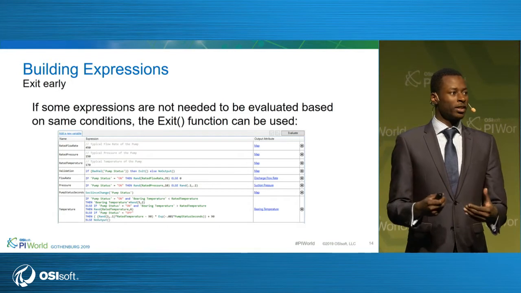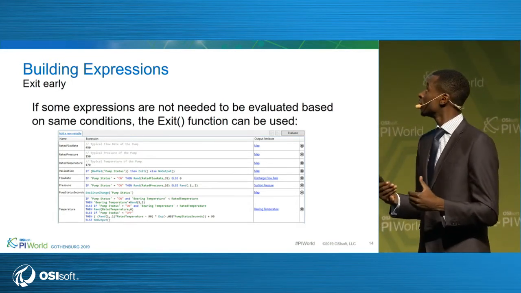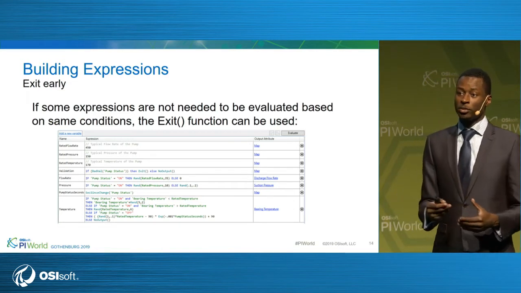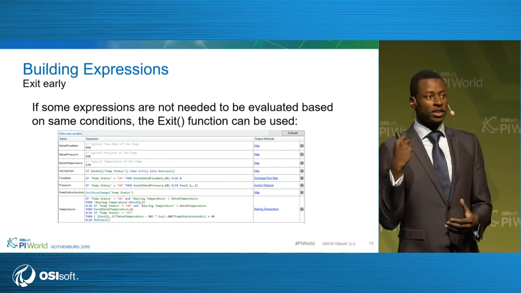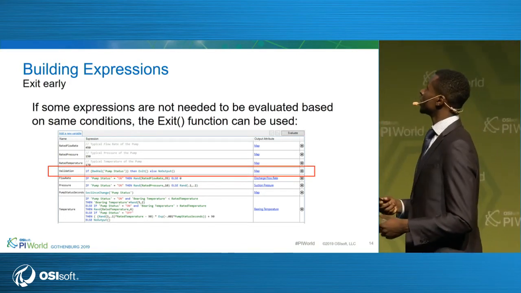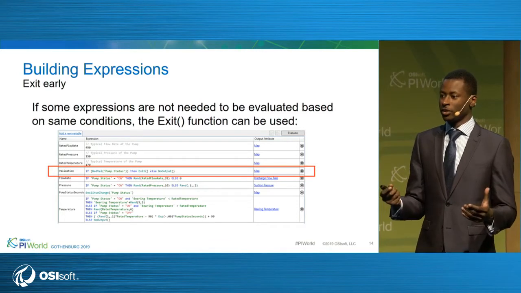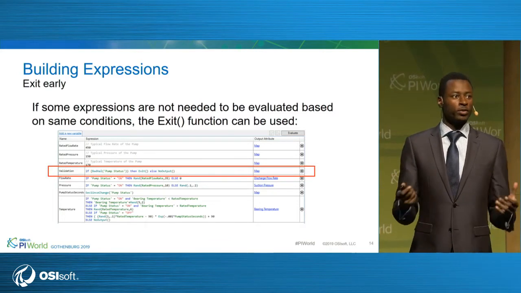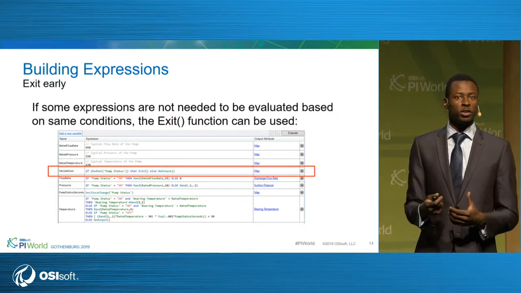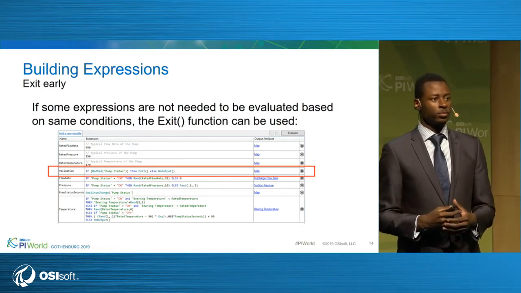So you're avoiding performing calculations which are not needed based upon the criteria you set. In this case, we're using it for data validation, and we're looking at if BadVal of the pump status, then exit the expression. Don't calculate further. This is going to improve the performance of your calculations because you're not evaluating expressions where you don't need to.